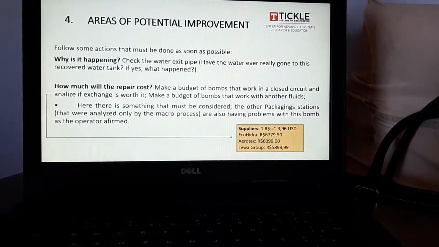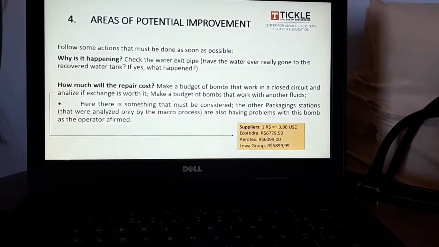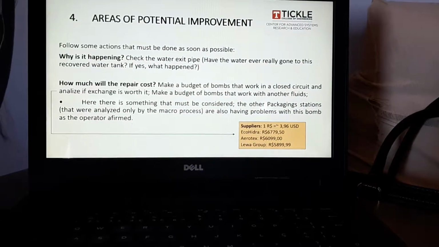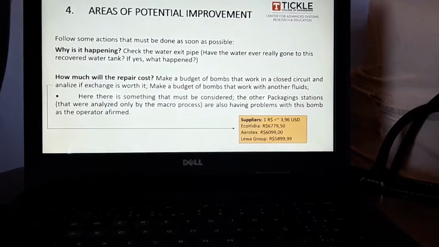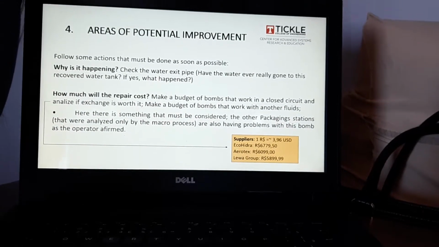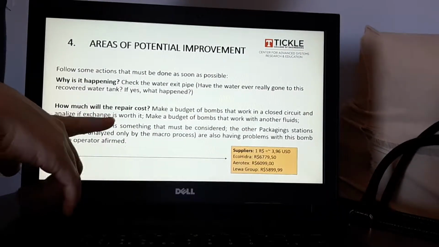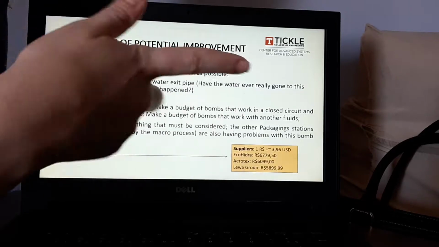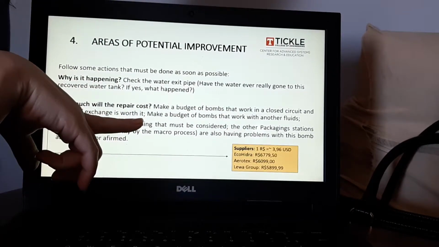Okay? How much will the repair cost? We need to make a budget of bombs, okay? We can make a budget of bombs that work in a closed circuit, okay? So they will expend almost always the same quantity of water, and analyze if the exchange is worth it. And we can also make a budget of bombs that work with another fluid.